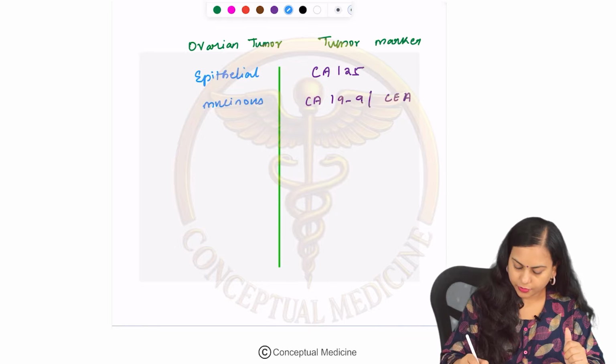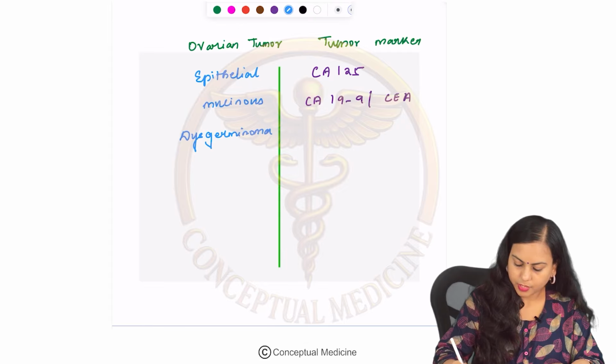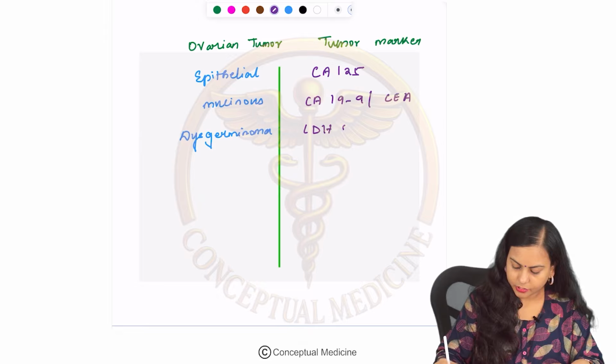For dysgerminoma, the tumor markers are LDH and placental alkaline phosphatase.